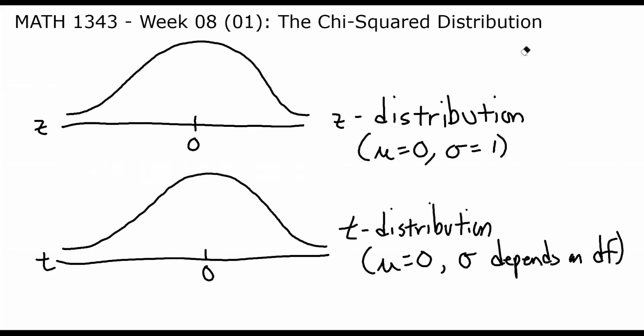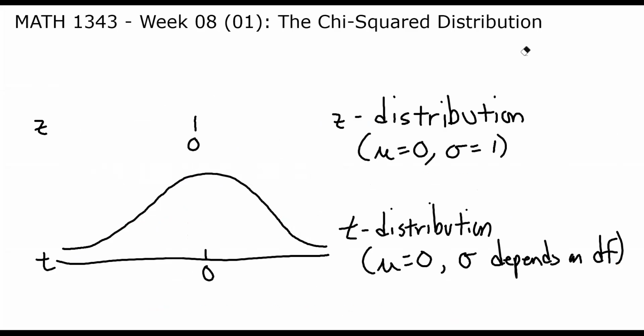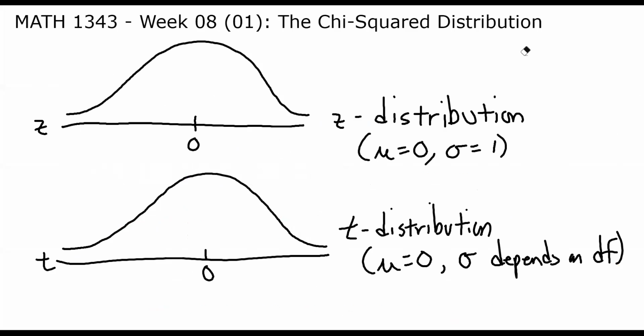For example, if we looked up a left tail and it was a certain percent, we'll call it alpha for significance level, and we got Z equals negative 1.96. But over here on the right side, we had the same area in the right tail, and we wanted to know this Z on the right, we would just use symmetry and say 1.96.